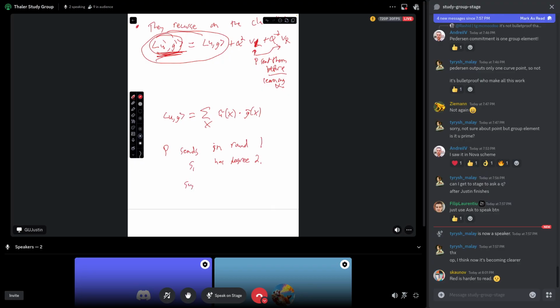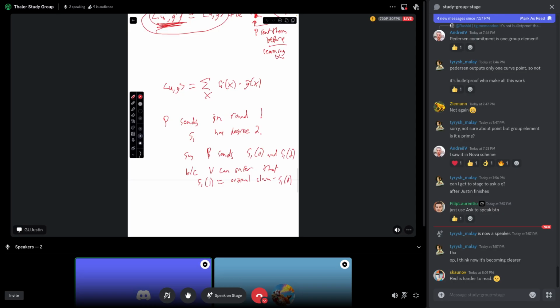Say the prover in the sum check protocol sends S1 of 0 and S1 of 2, basically because the verifier can infer that S1 of 1 is the original claimed sum minus S1 of 0. So the prover doesn't have to send S1 of 1.